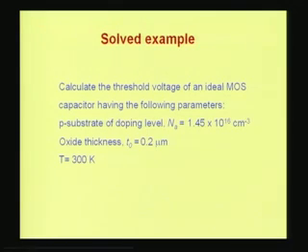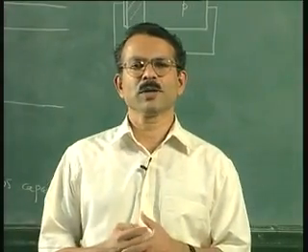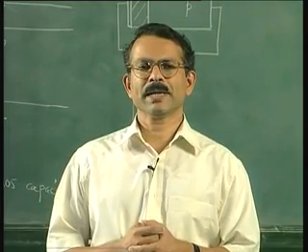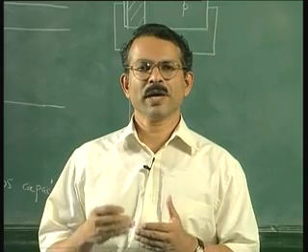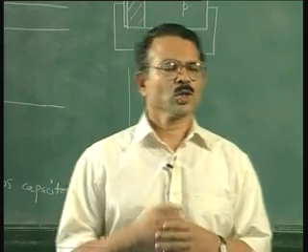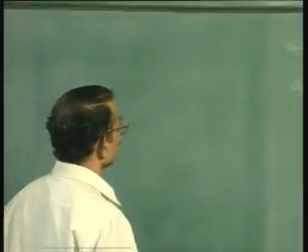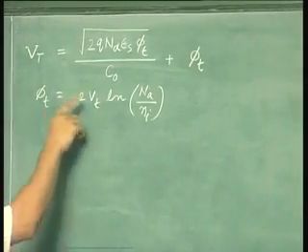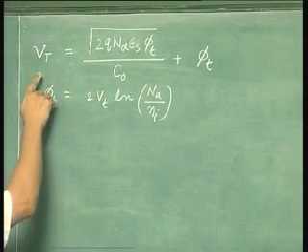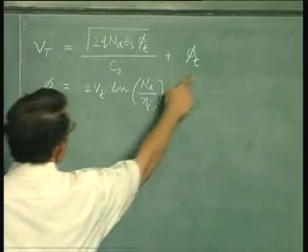The temperature is 300 K. Basically these are the parameters corresponding to the experimental CV curves that we showed and which we are going to explain. So let us start using this formula. If you substitute the various parameters, what kind of values we get for the two terms on the right hand side.